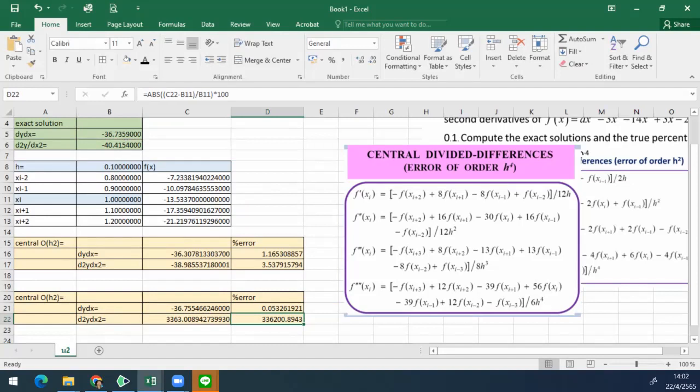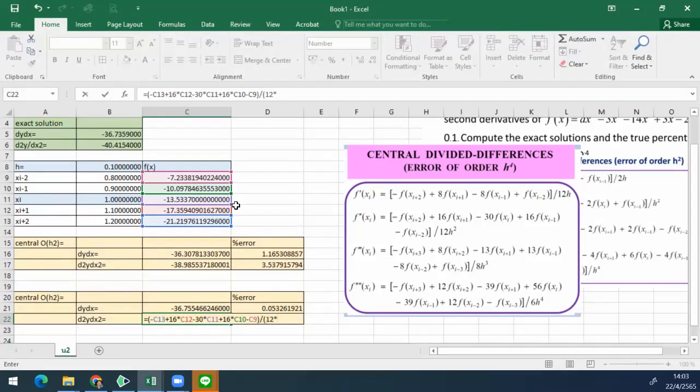Okay, and for the second derivative it is equal to minus f(xi plus 2), plus 16 times f(xi plus 1), minus 30 times f(xi), plus 16 times f(xi minus 1), minus f(xi minus 2), divided by 12 times h squared.